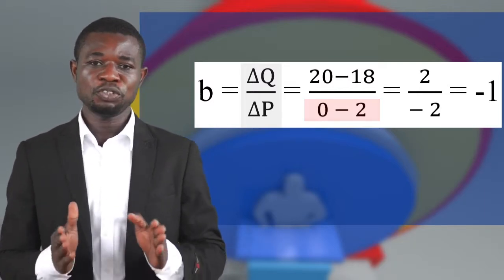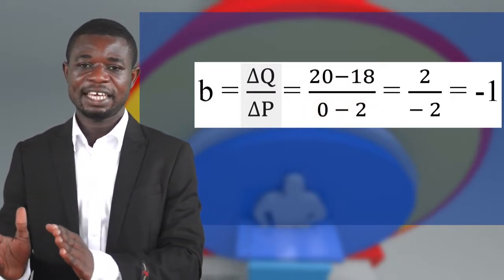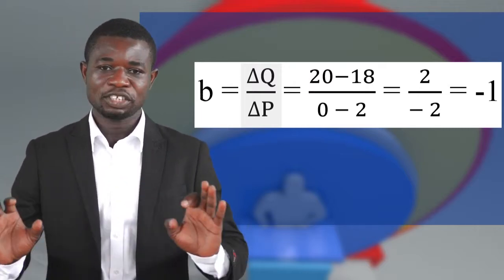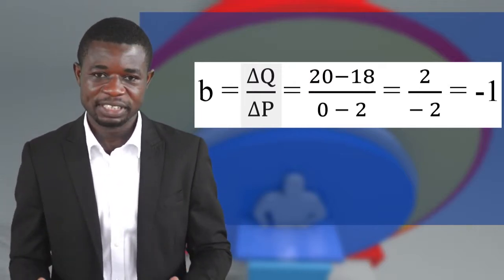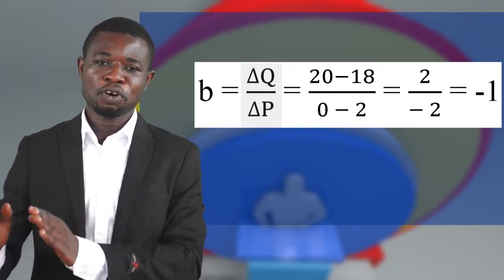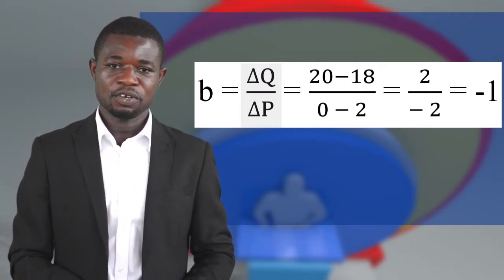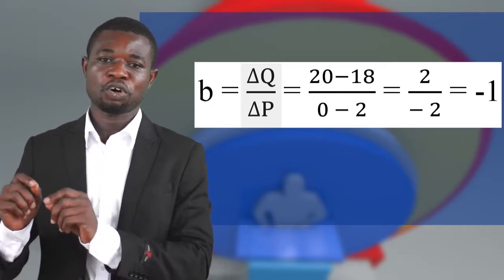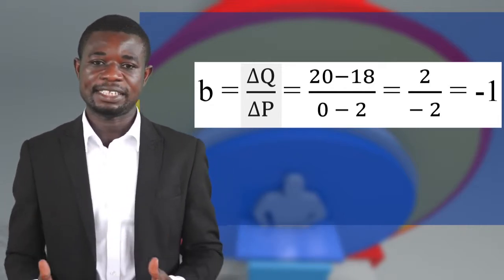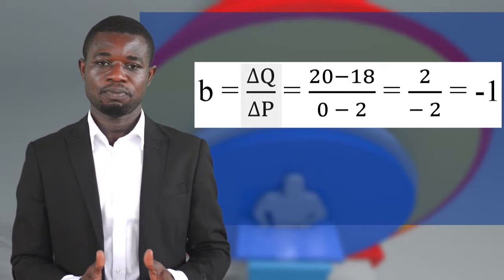The reason we use 20 minus 18 and 0 minus 2 in that order is because the price that corresponds to quantity 20 is 0, and the price that corresponds to the quantity 18 is 2.